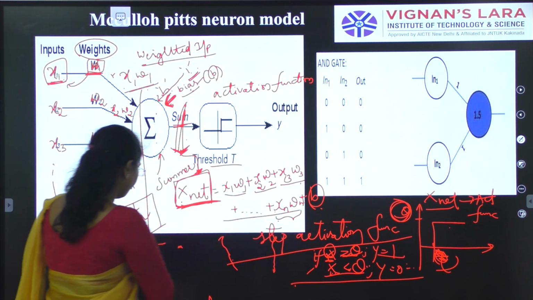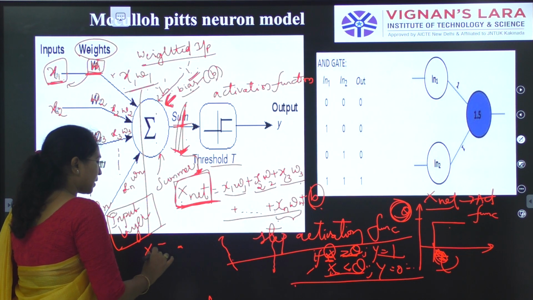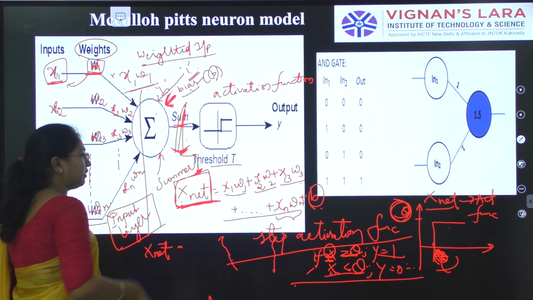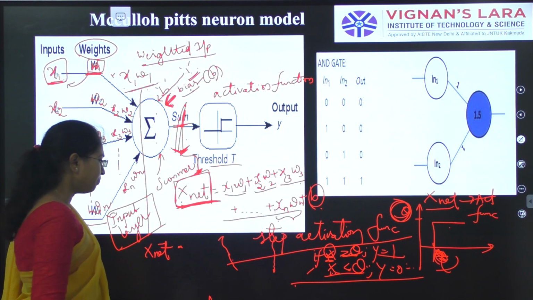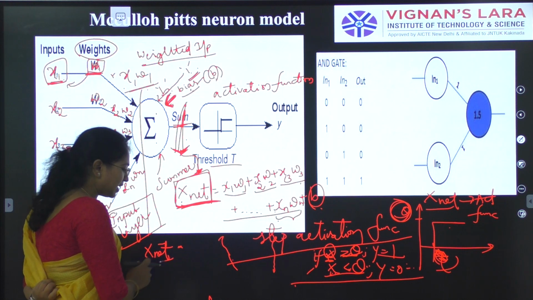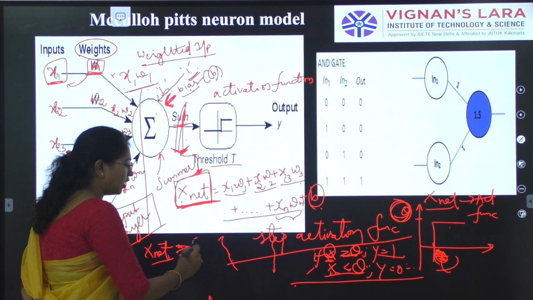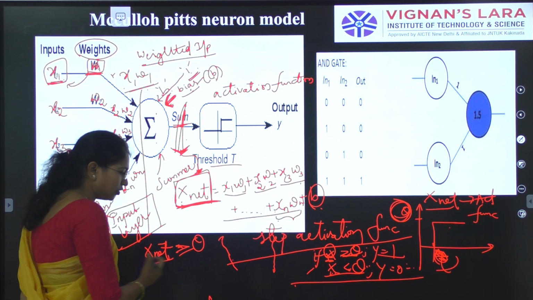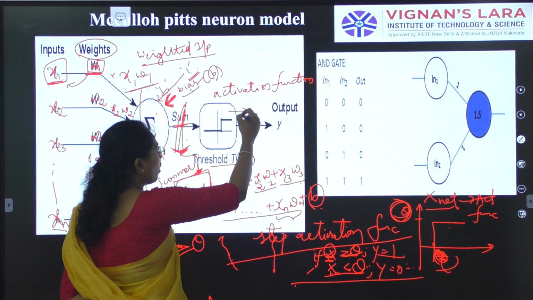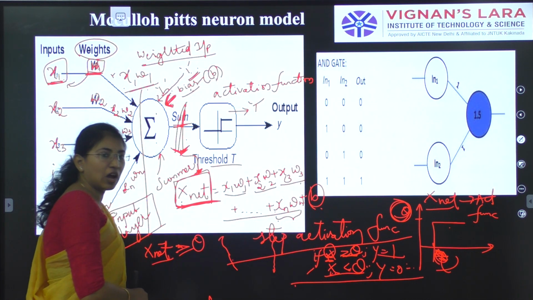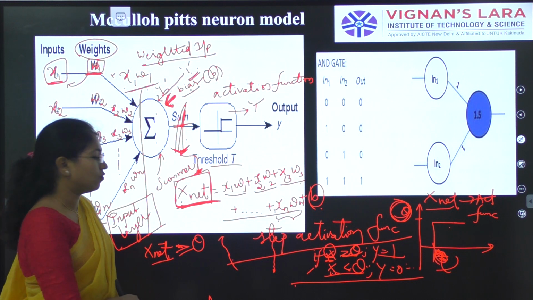So here, if X net is passed through the binary step activation function, and X net is greater than or equal to the activation value, then the output of the neural network is 1.